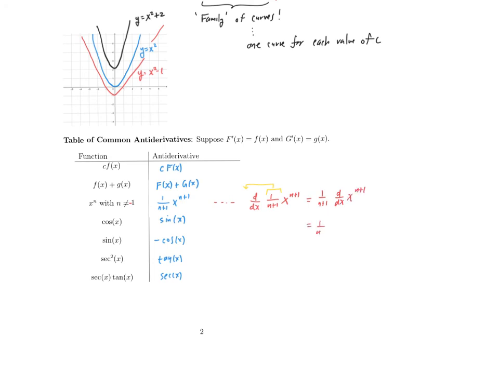So the power rule of differentiation tells us the power comes down front, and the new power of x would be 1 less than previously. And in this case, the n plus 1 over n plus 1 cancels off, and the x to the n that we're left with is precisely the function we want it to be.